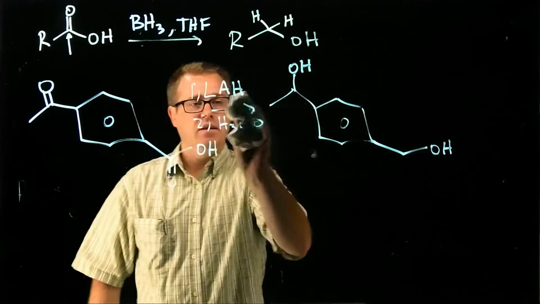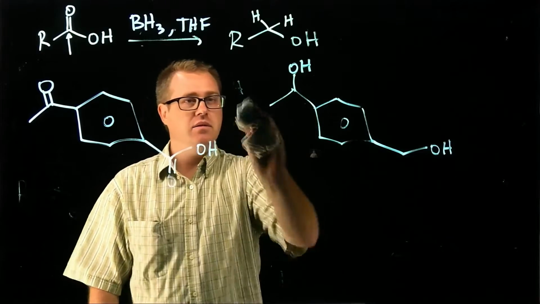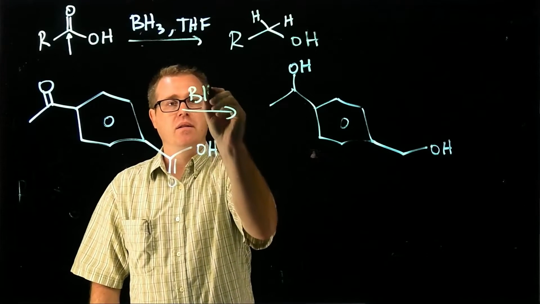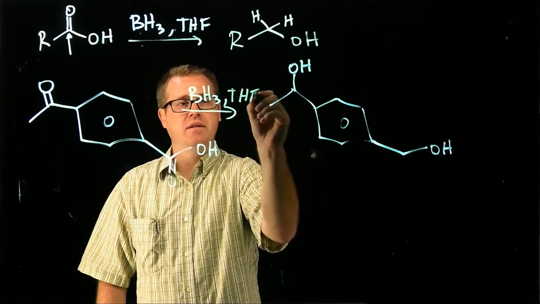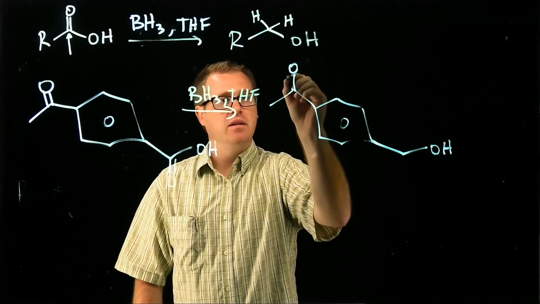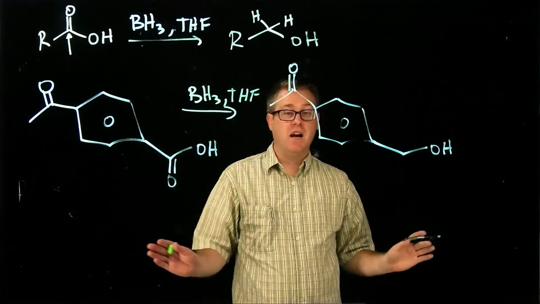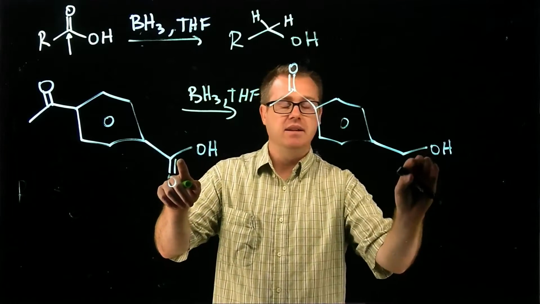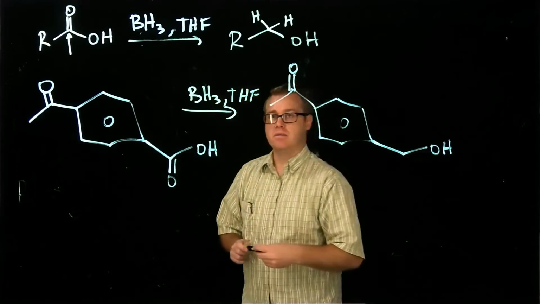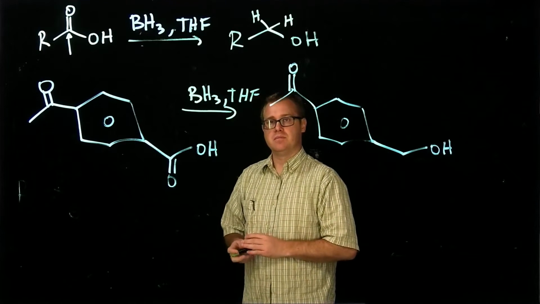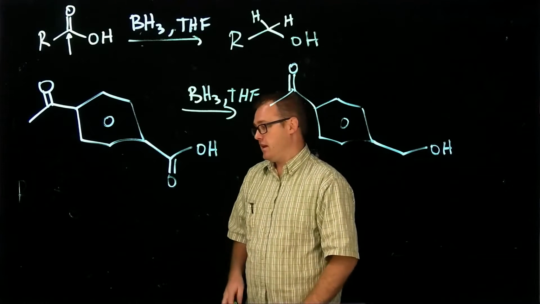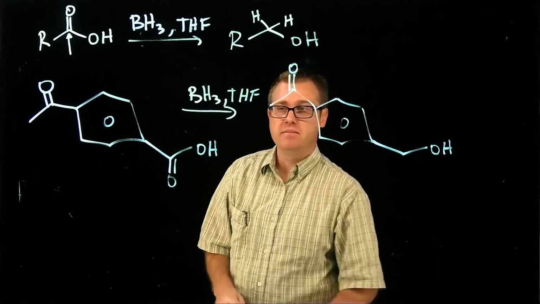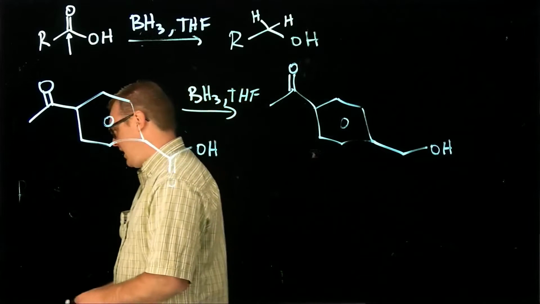So instead, we would use the borane, so BH3 in THF, and what would we get? The ketone wouldn't be touched, and it would only reduce the carboxylic acid into the primary alcohol. And that's the main reason why chemists use the borane, because it is chemoselective.